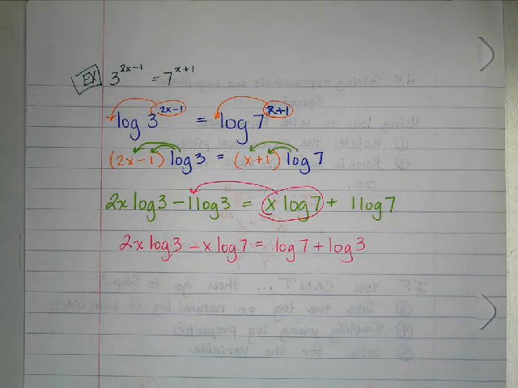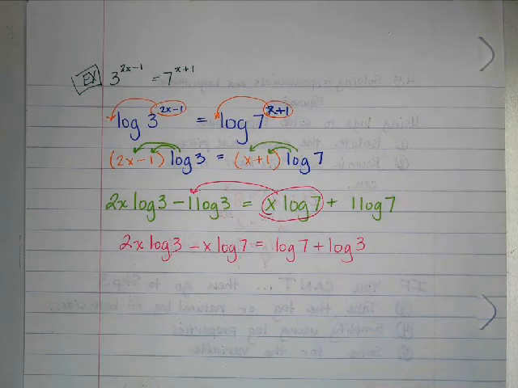All right. Now, logarithms are a lot like radicals and a lot like variables. If they're not alike, you can't put them together. Even though they're both log base 10, the arguments are different. So log 7 and log 3 can't be put together. Well, they can be put together with multiplication, but we're not going to do that in a second. But what I can do is factor out an x in order to get all my x's together.